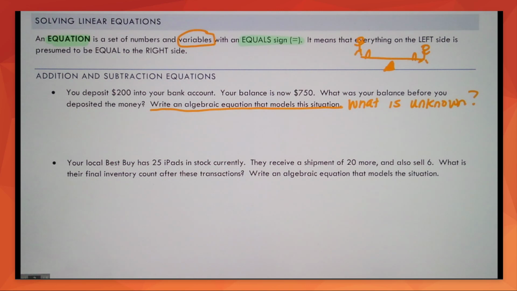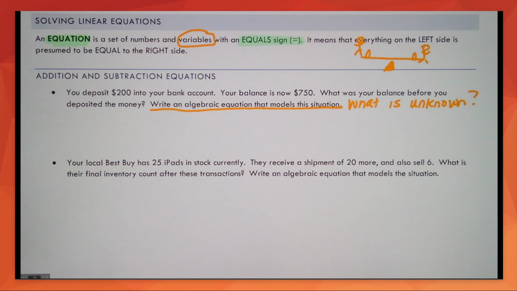But anyway, in algebra, we can make up any variable we want to. We don't have to use X. We can use any letter that we want to. Typically, they're lowercase letters. And when you're making up a variable for a problem like this, it's a really good idea to pick something that represents the thing that is unknown.